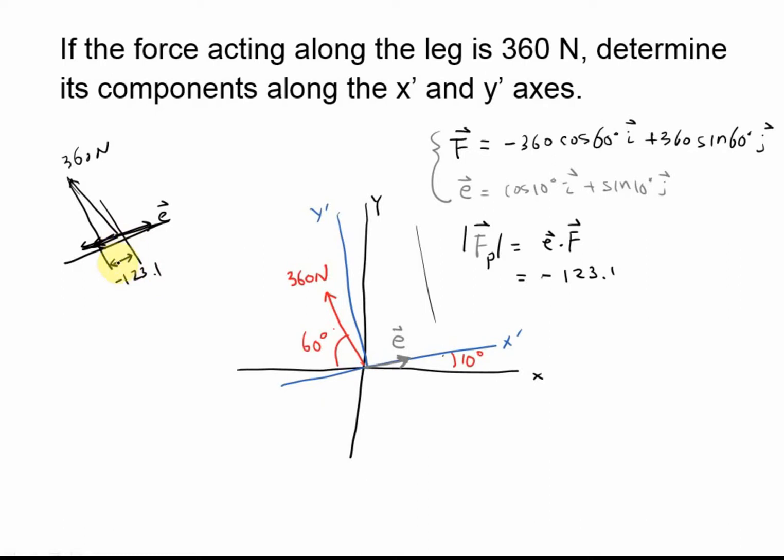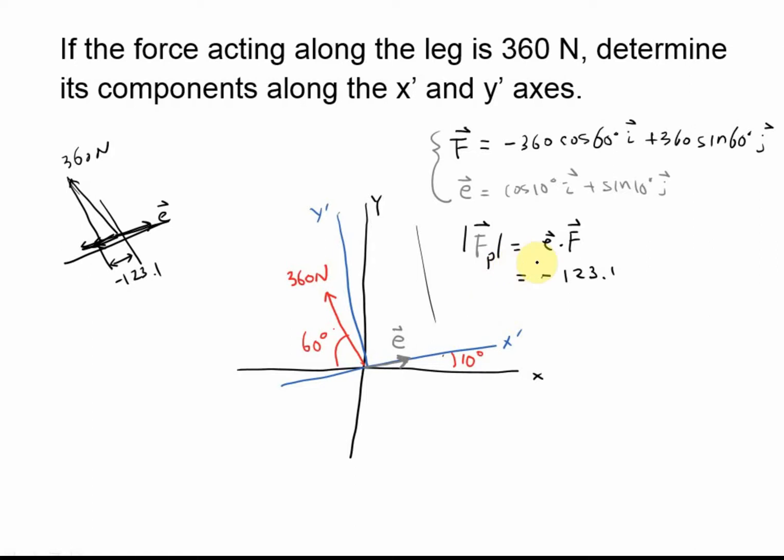Basically the direction should be the opposite to the direction of your E. So that makes sense because the 360 Newton vector is directed opposite to E along this x prime.